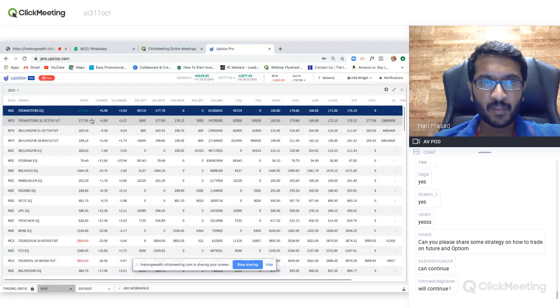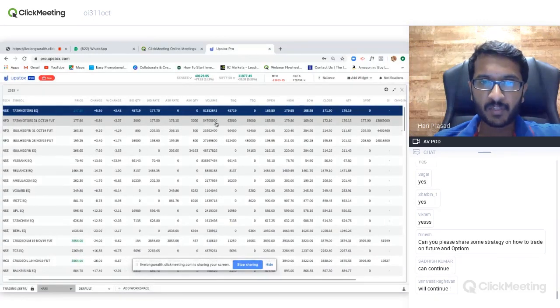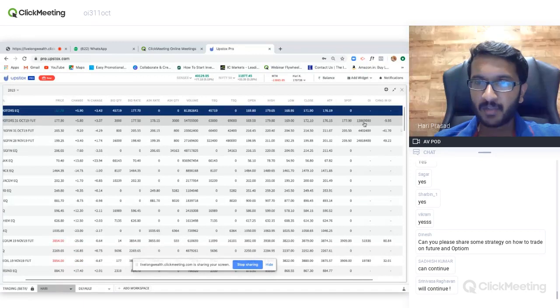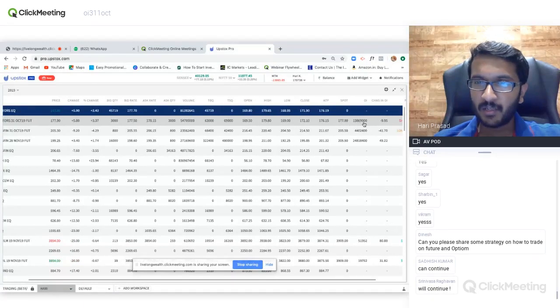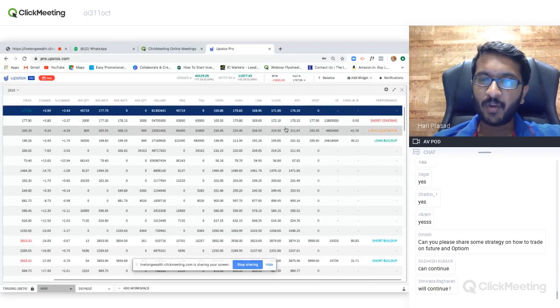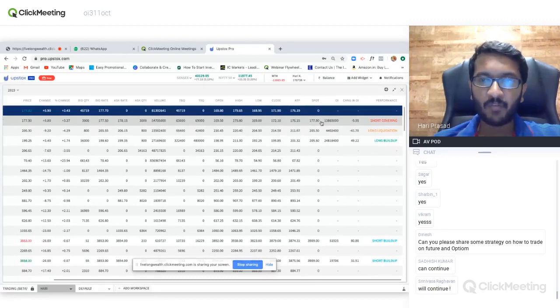And over here, the volume is how much? 54 million, 54.7 million. And look at the open interest. Open interest is 13.8 million, while volume is 54 million. So you can see open interest over here as well for future contracts.